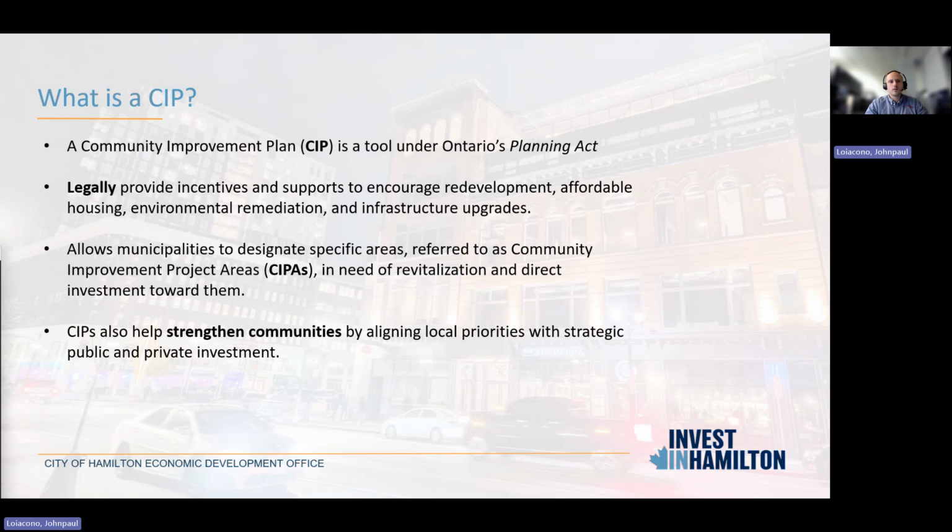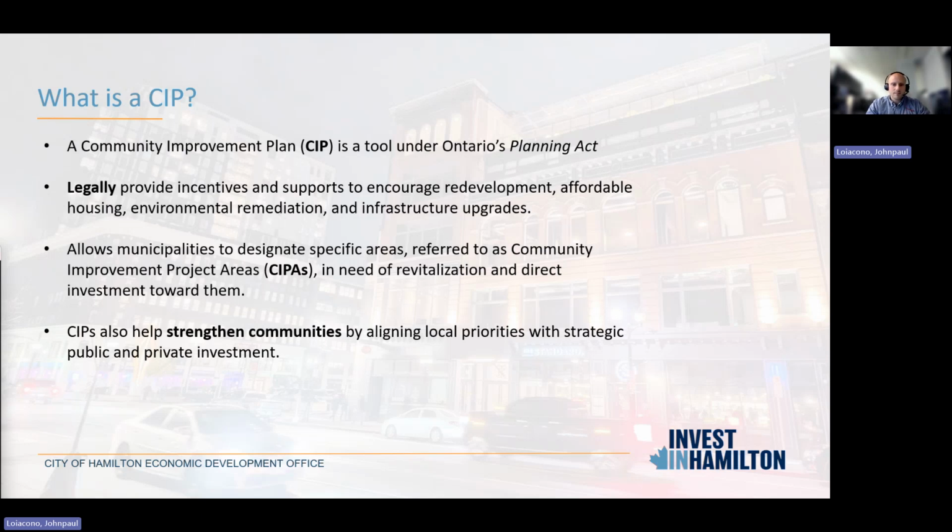These areas are called community improvement project areas, and I'll be showing a map shortly where these exist in the city of Hamilton. The CIP legislation is quite intentionally broad. It's not just for fixing physical deterioration of buildings, but it's also used to do things like remediate contaminated lands, like brownfields, as an example.